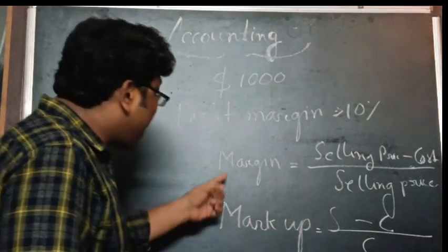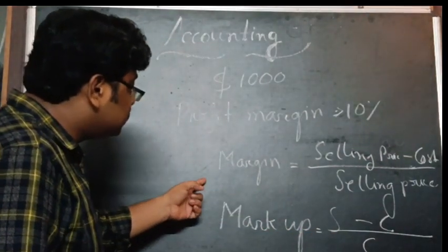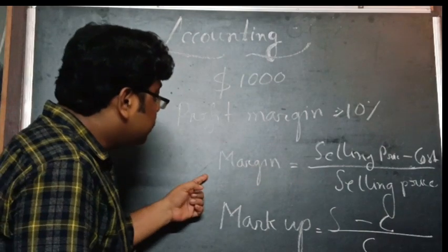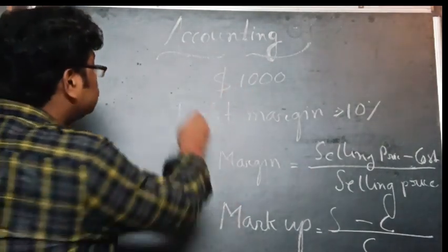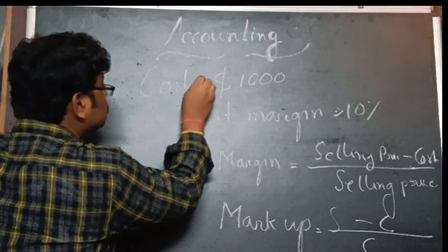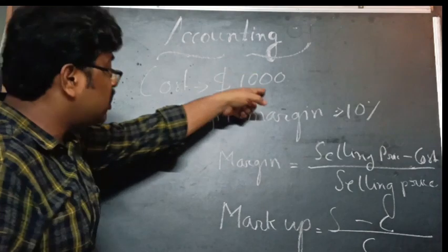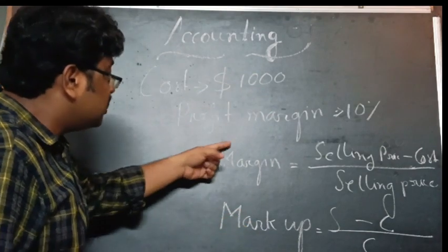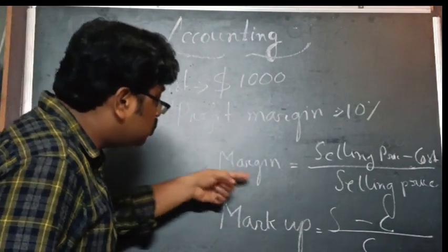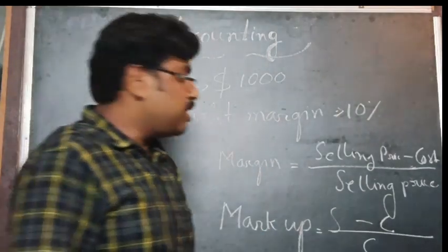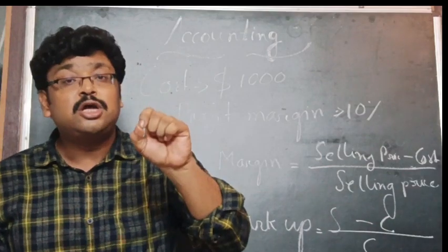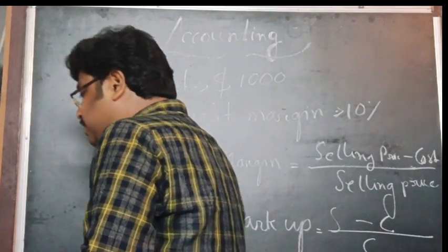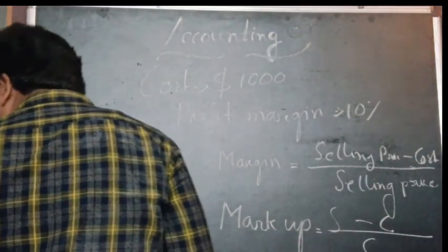So we have to convert the margin into the markup, because the cost of the laptop is given. There is a relationship between the margin and markup. What is that relationship?